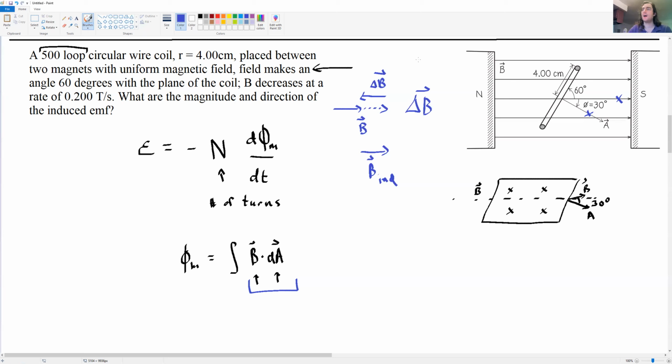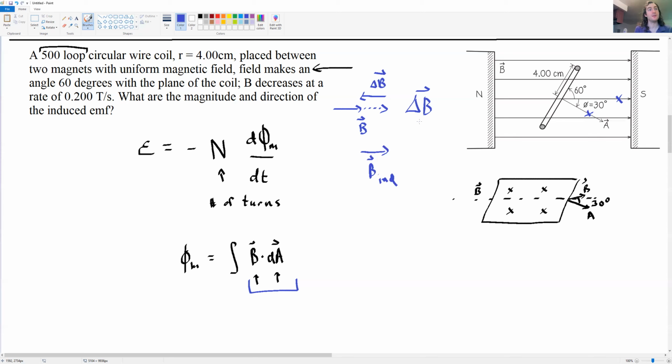Delta B in this case is a decrease. Since delta B is decreasing the magnetic field that's already there, your induced current will try to generate a magnetic field to compensate for the loss. In other words, it's opposing the change.